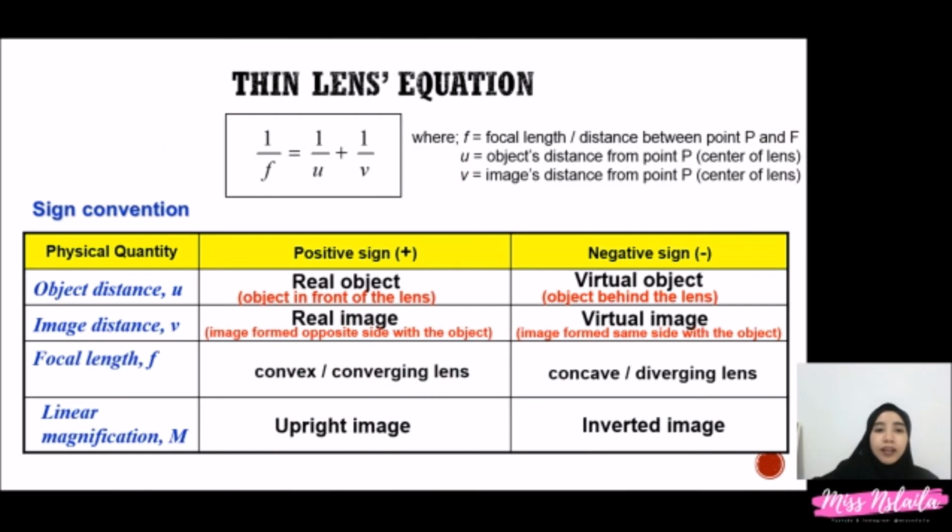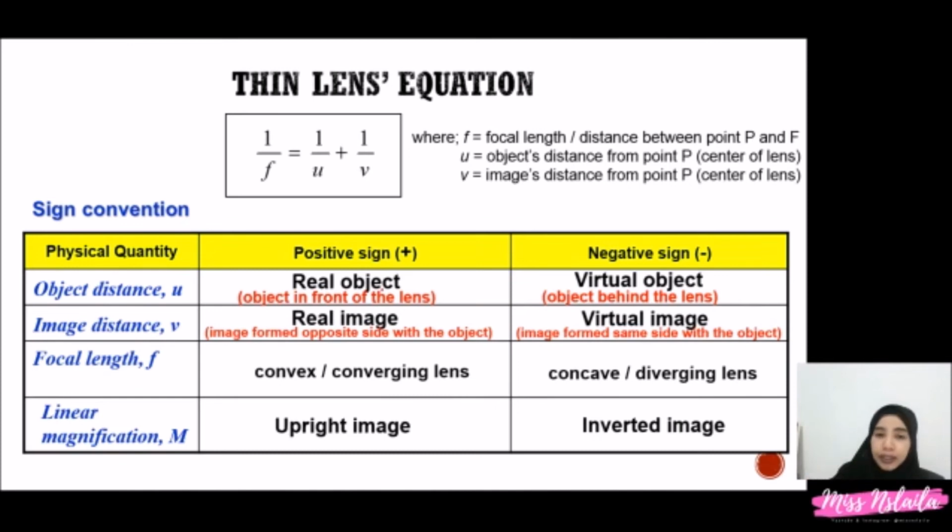Alright, next equation is the thin lens equation. The thin lens equation is the same as the spherical mirror equation: 1 over f equals 1 over u plus 1 over v. But the difference is at v. If v is positive, it's a real image, and the image will form on the opposite side of the object.